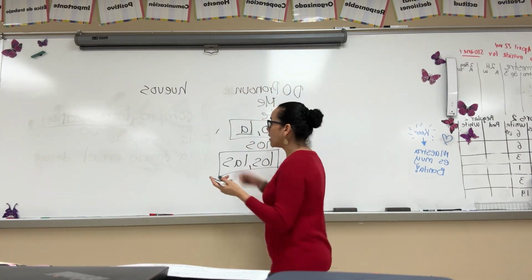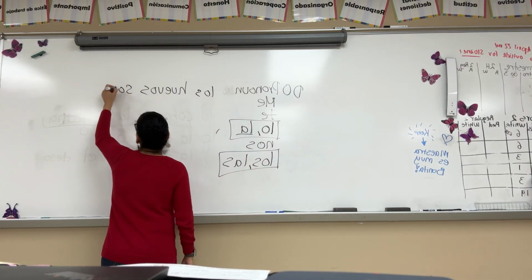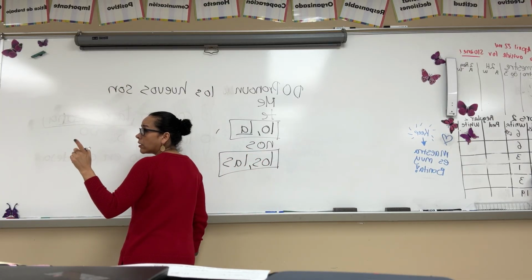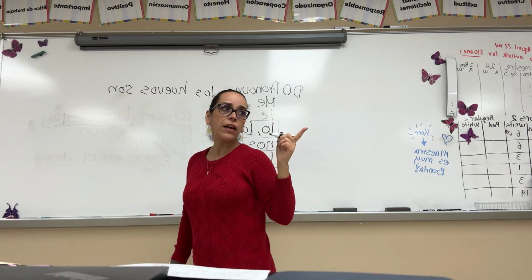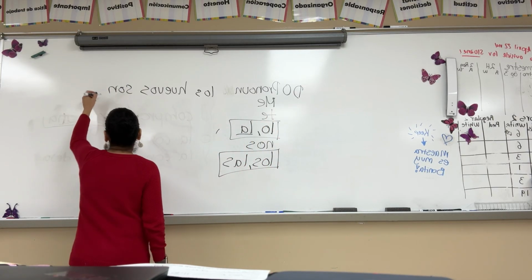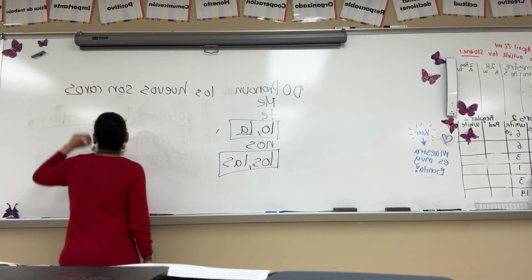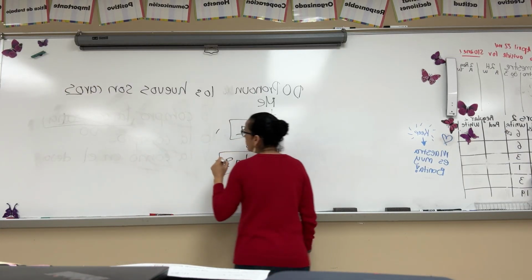Los huevos son what? Expensive. ¿Cómo se dice expensive? We have that in our vocabulario. Caros. Los huevos son caros. We're talking about more than one and they are masculine.